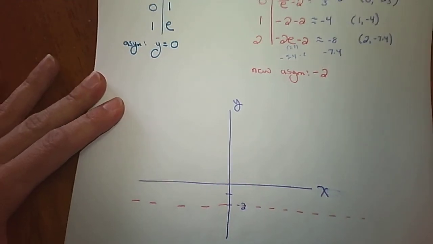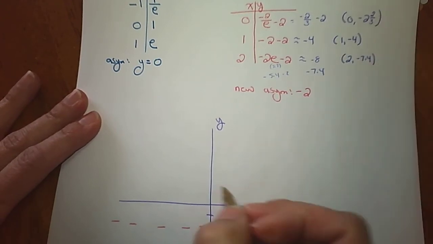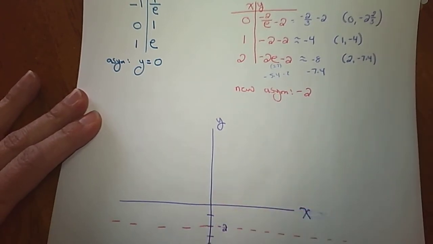Okay. Then I'm going to plot these points. Negative 2 2/3, so 0, negative 2 2/3 is right about there. I'm having issues with my pen. Okay, 1 and negative 4.